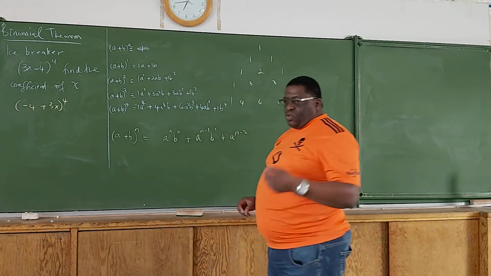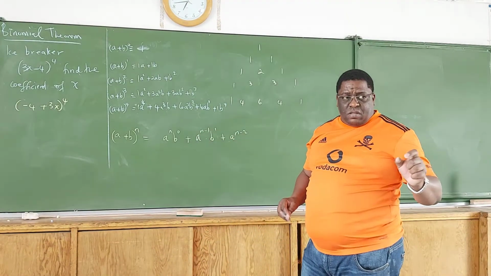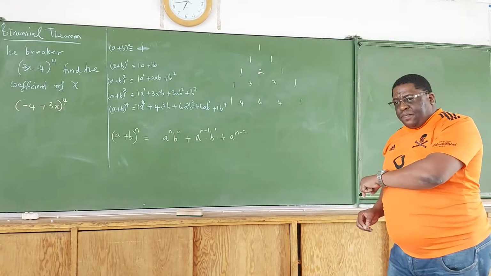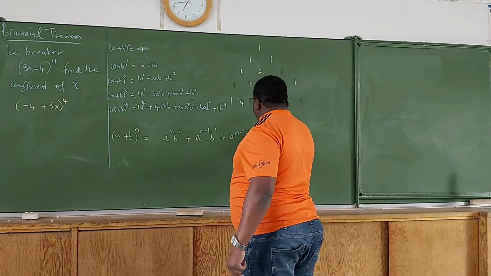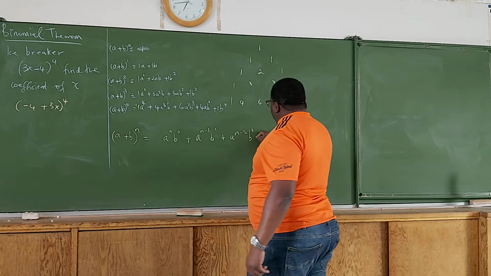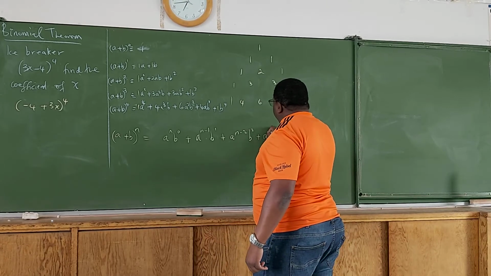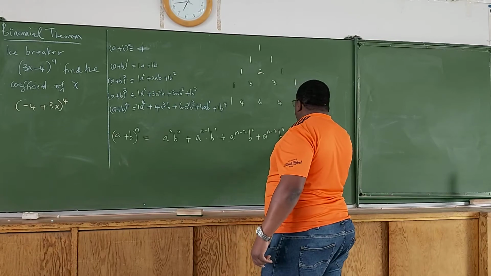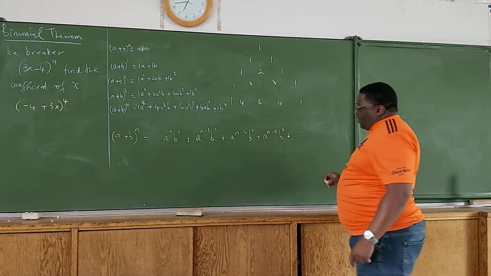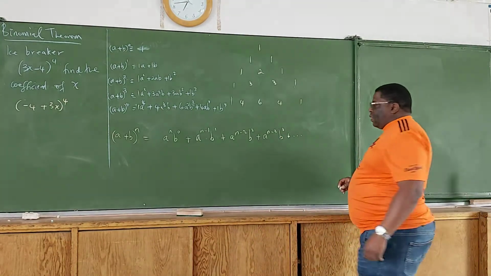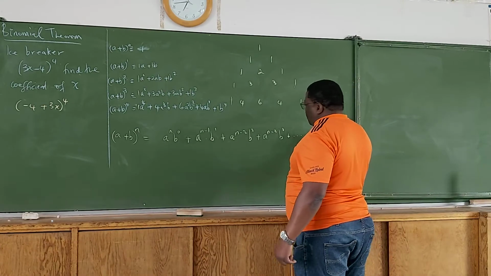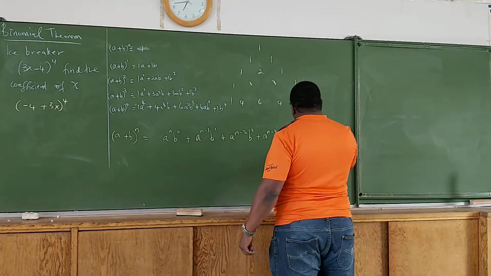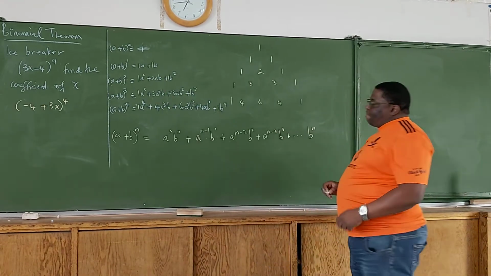It's very important because we're going to talk about the terms and then we're going to do the general term. And then we have b to the power 2, plus, let's do one more, a to the n minus 3, b to the power 3, plus dot dot dot. So what is the final one going to be? It will just be b to the n.